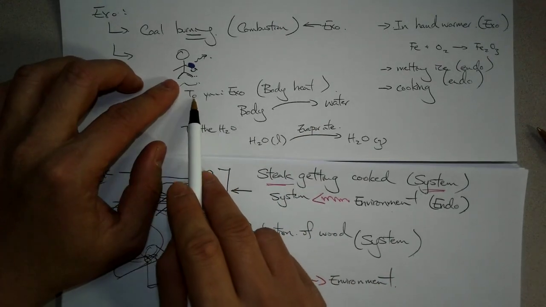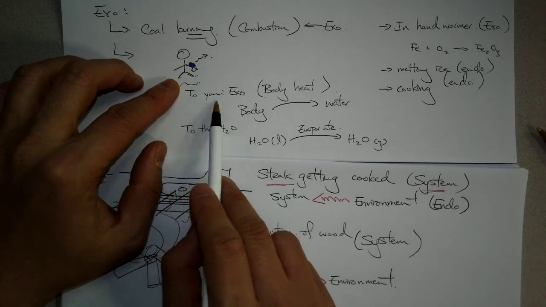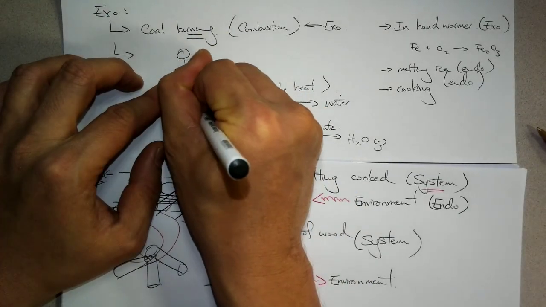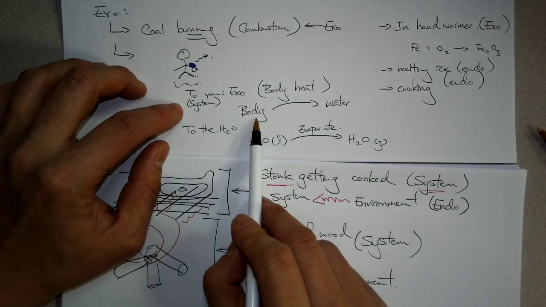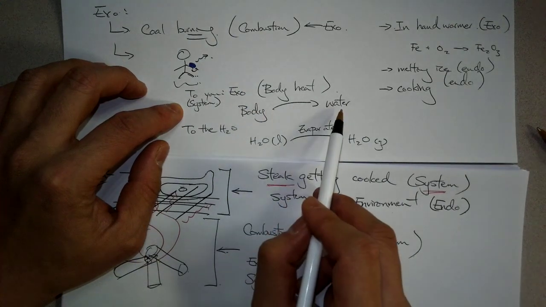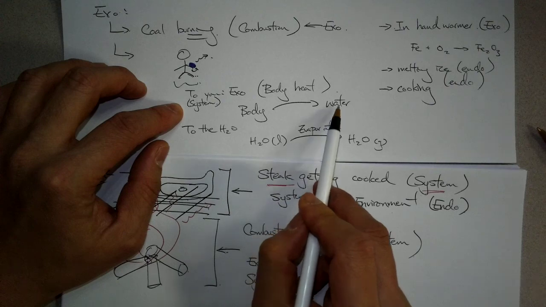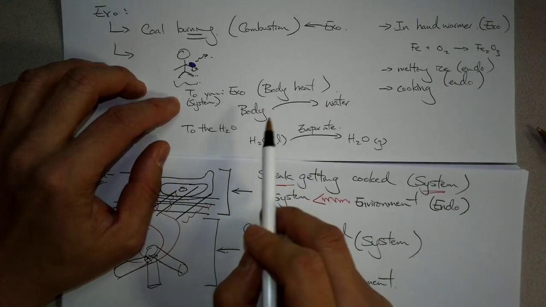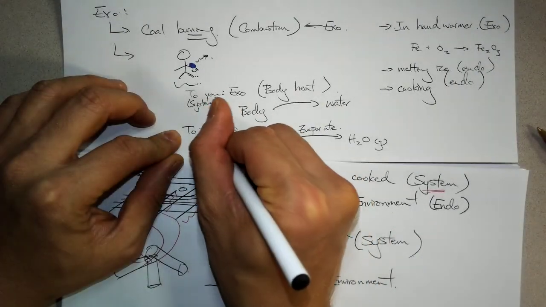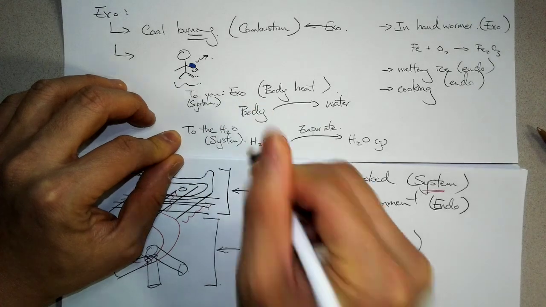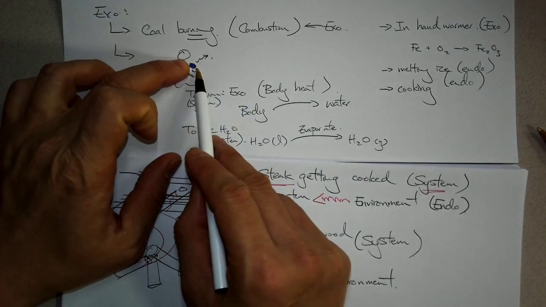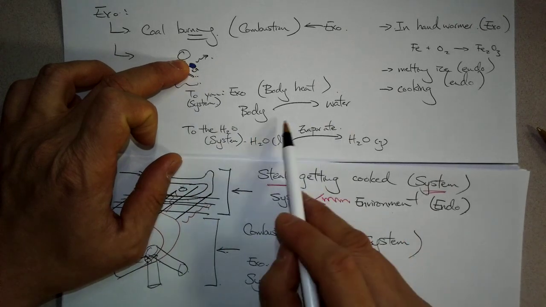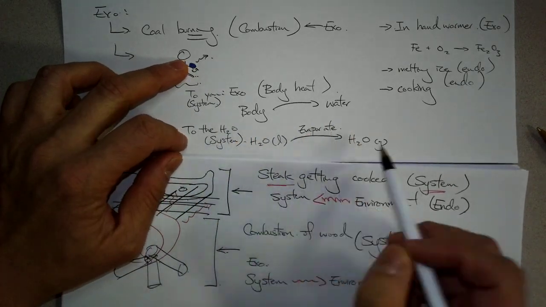If you're talking about the body itself as the system, that is where the system is losing heat to the environment. So that is why it's an exothermic reaction. But when you look at the water as a system, the water is receiving the heat from the body and then becomes evaporated. So in this case, this is an endothermic reaction.